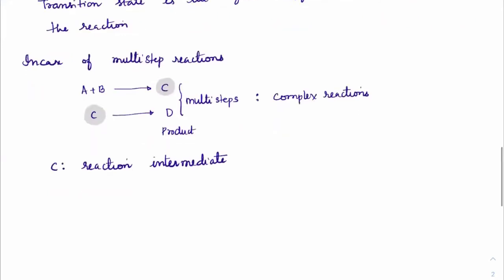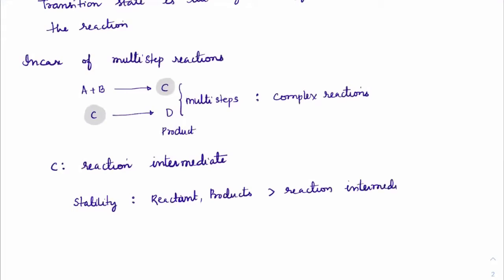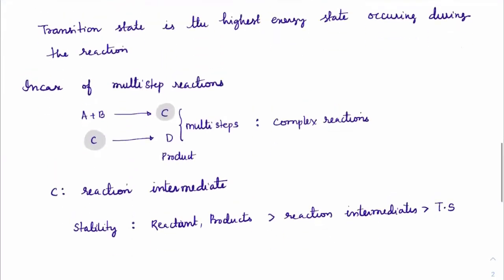So if we check the stability of the entire species, reactants and products may be definitely more stable compared to reaction intermediates, and intermediates will be more stable than transition states. I guess you guys understood that.